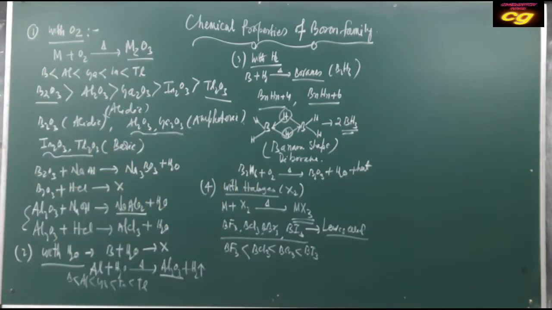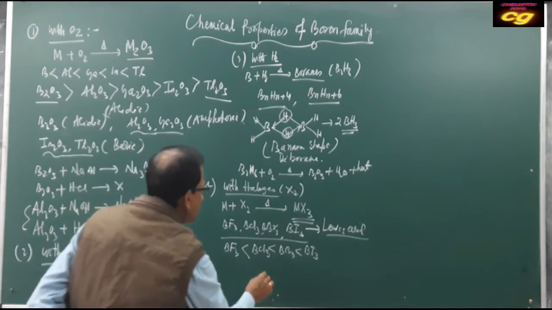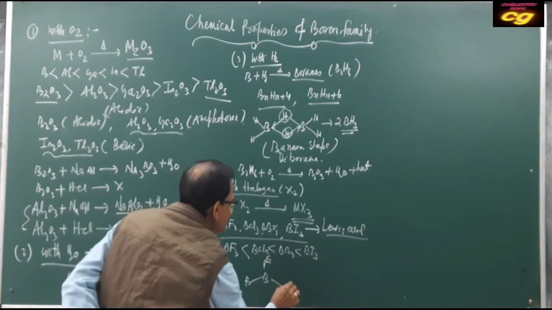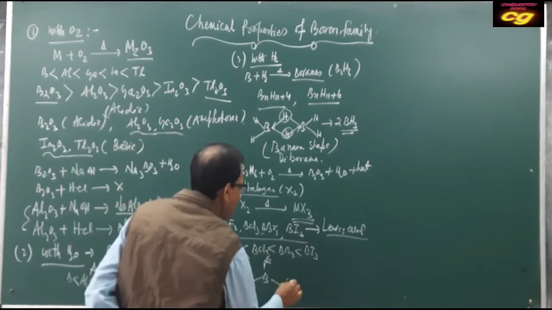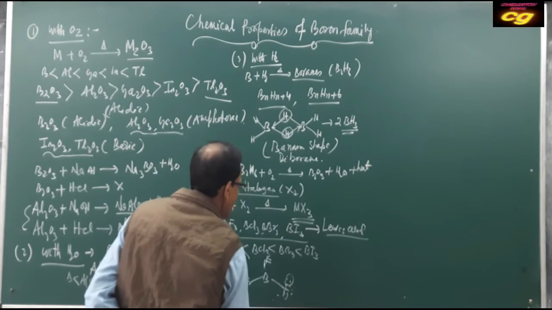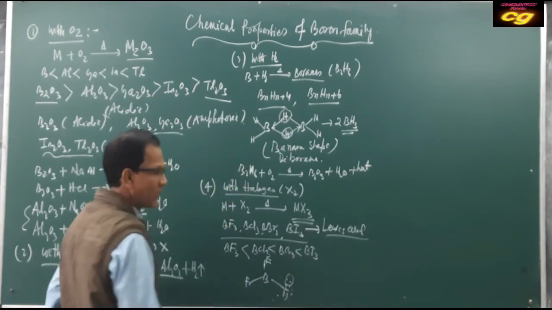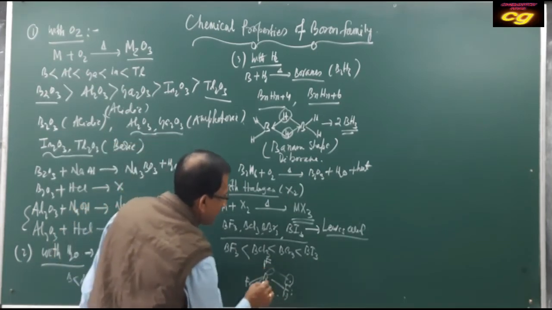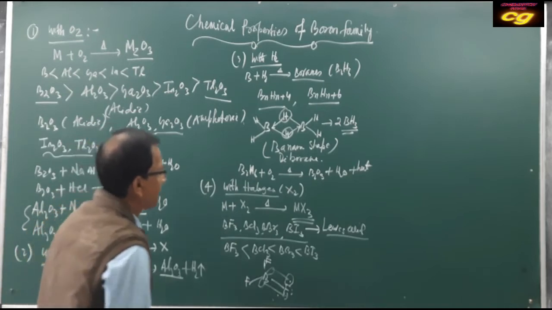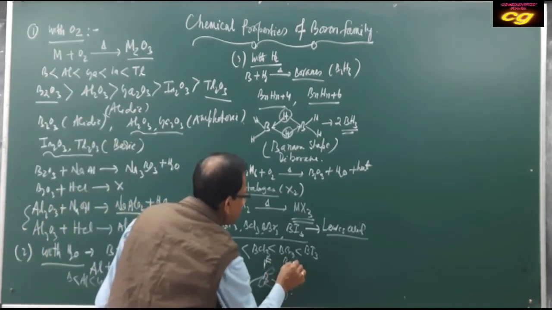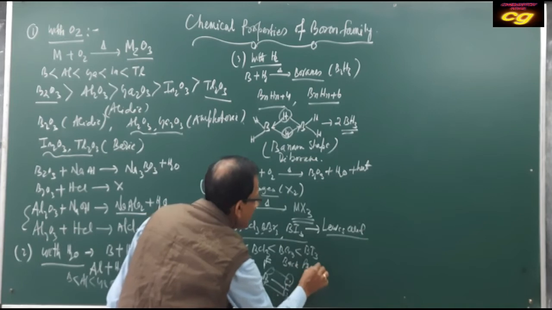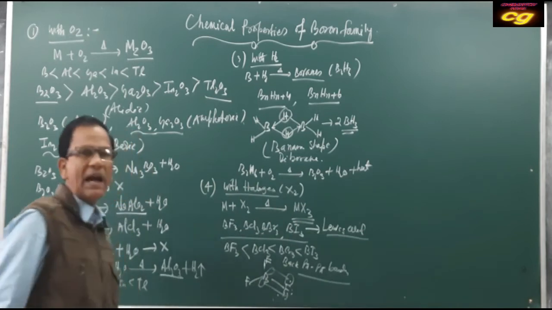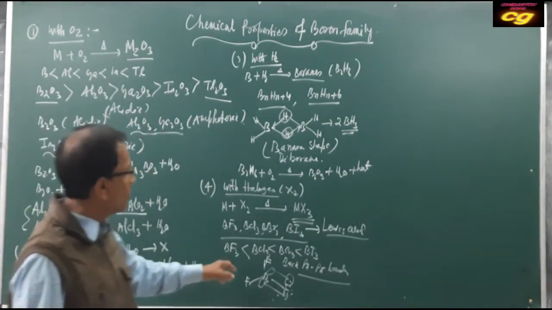Why? Because if you draw the structure, what happens? This is your boron, and fluorine has lone pairs, three lone pairs. And boron has vacant orbitals. Then back p pi bonding takes place between boron and fluorine.